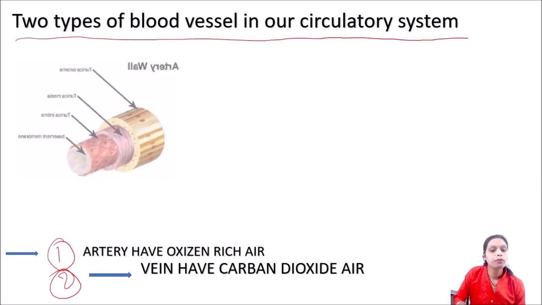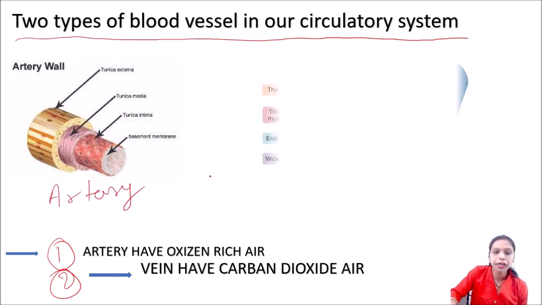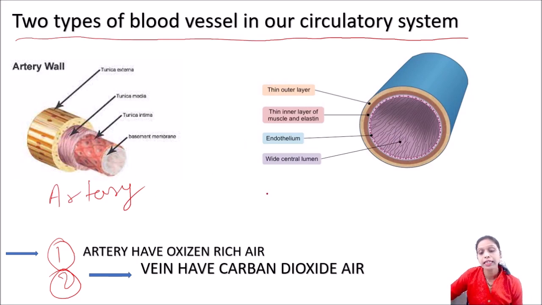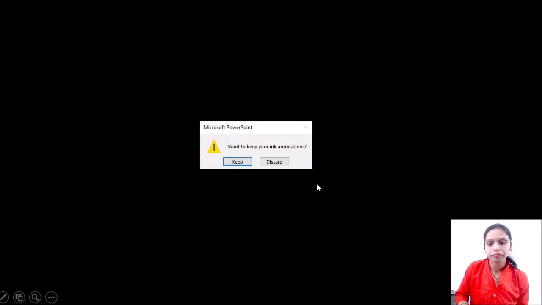Actually, the shape of arteries looks like this. This is arteries, and the second is veins, that have thin walls. So there are two types of blood vessels present in our body.